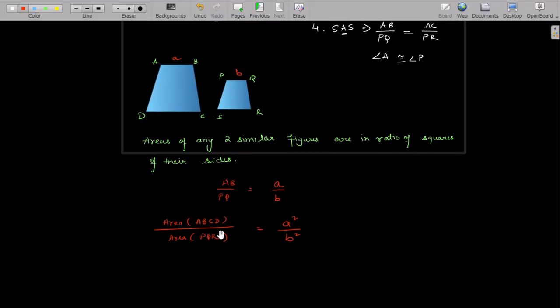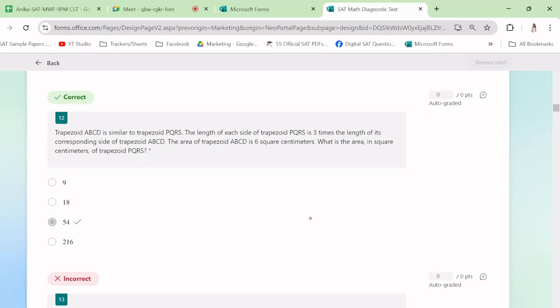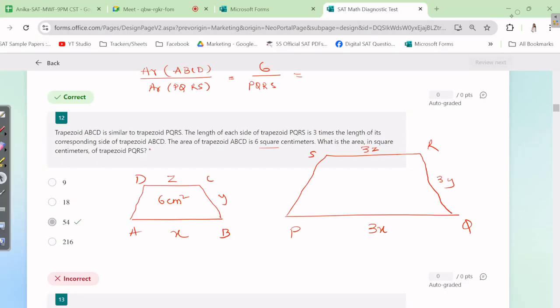See, the area of ABCD over the area of PQRS is A squared over B squared. It is the ratio of the squares of their sides. This is nothing but the ratio. What's the ratio between the two sides? So Anika, what's the ratio in this case?